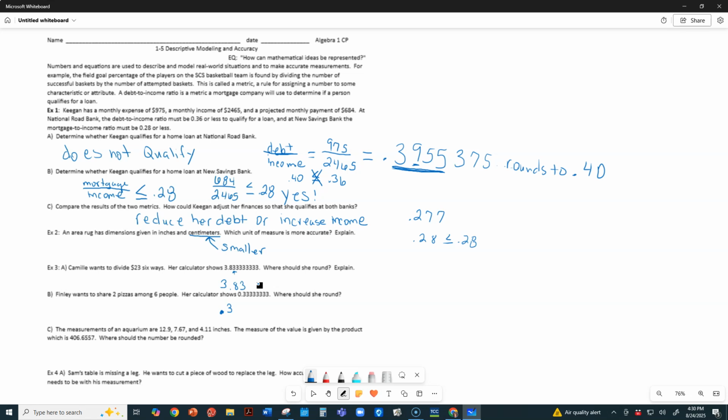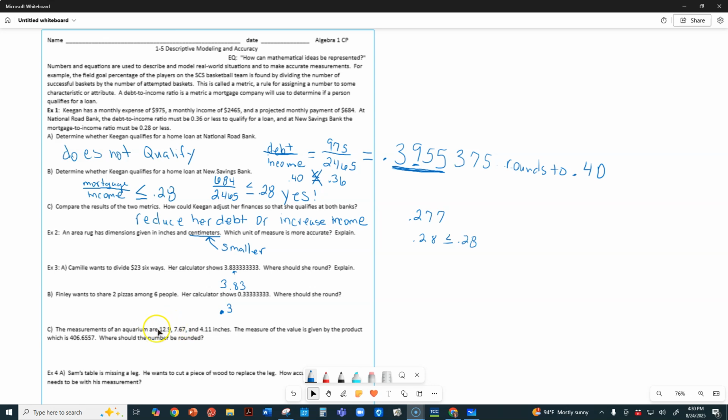For this one, when they give you different values, and by different values, I mean values rounded at different places. This one's rounded to 1 decimal place, this one 2 decimal places, this one 2 decimal places. The least number of decimal places is the most accurate you're ever going to be.